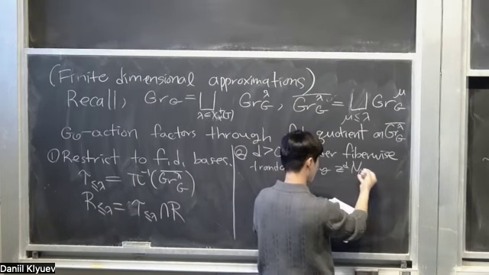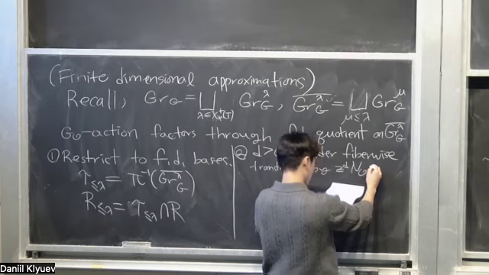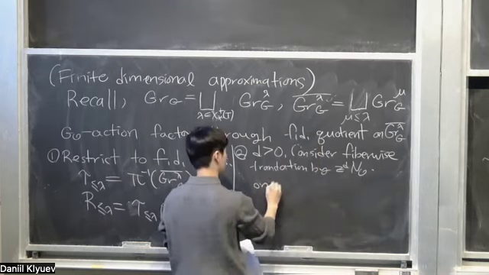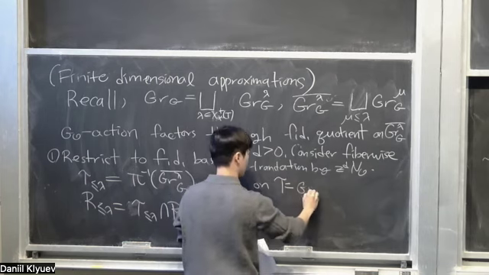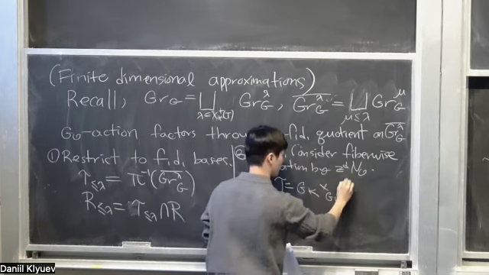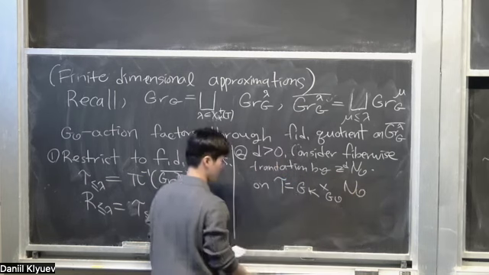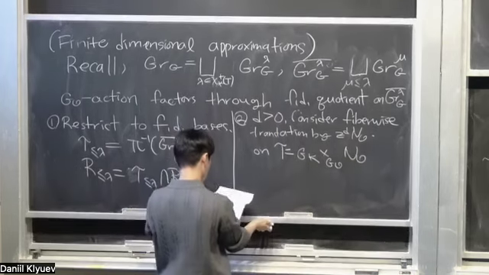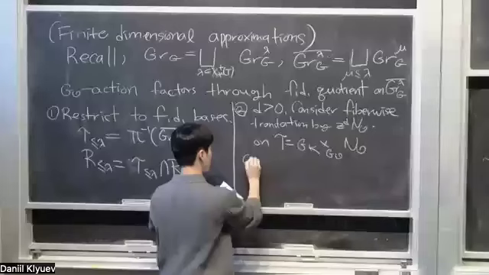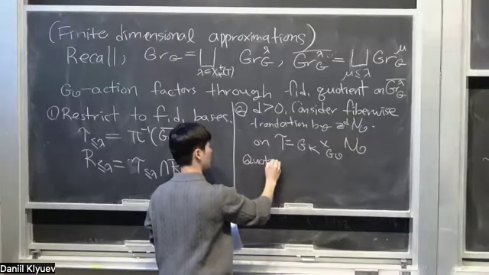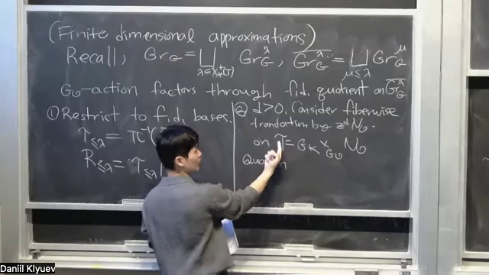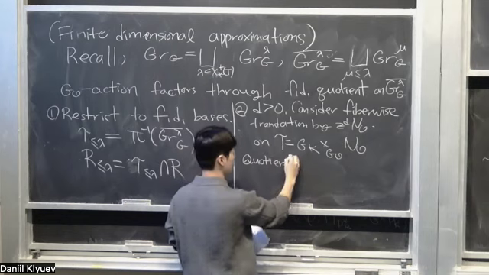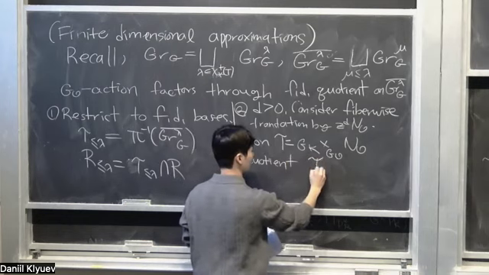So this is something inside GK, GO, NO. Then take the quotient: quotient T by the image of this translation, and we get T_b.